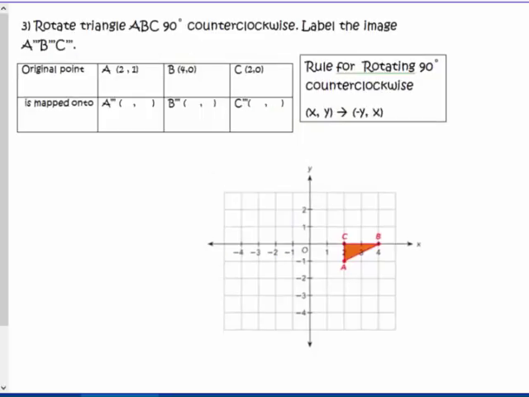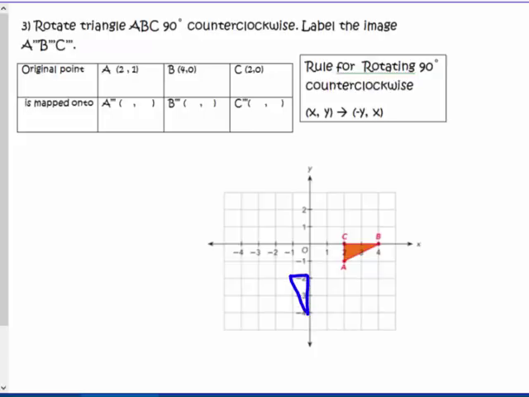Okay, one more rotation. Rotating triangle ABC 90 degrees counterclockwise. Label the image A triple prime, B triple prime, C triple prime. So you're doing all of this on the exact same graph. So you already have the other images that we drew on your graph paper.